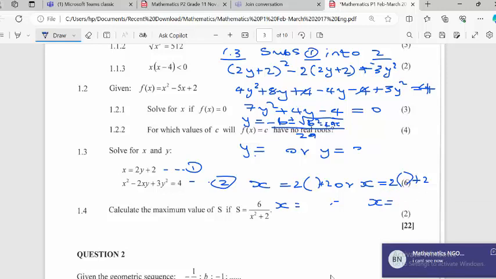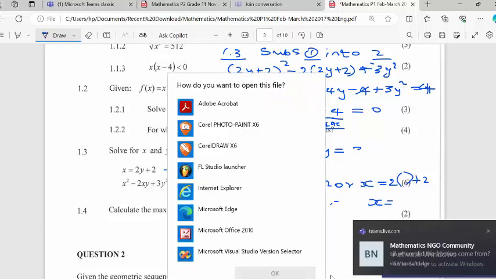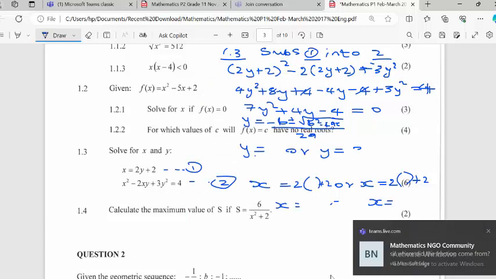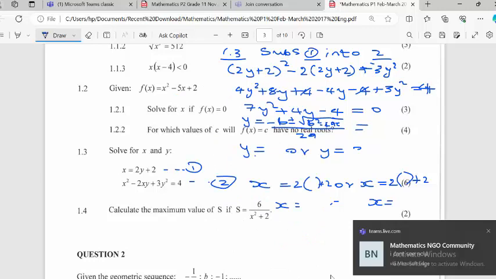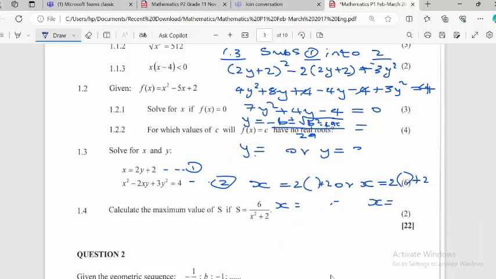Let me see what fraction you're talking about. So the fraction comes from here. This quadratic equation is already a fraction, right? So that's where the fraction comes from, because this is already in a fraction form.